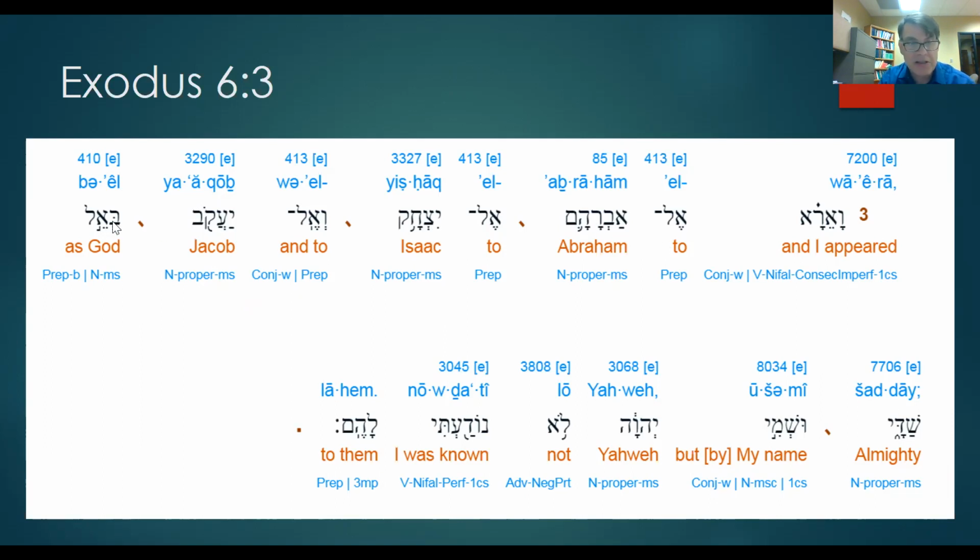It doesn't have a dot in it. This one does. Notice that with the dot, it's transliterated as a b, and it's pronounced b. But this one, just like this one, because it doesn't have the dagesh, they put a line under it in the transliteration, and it's pronounced v. So ya-a-kov. Okay, Jacob.